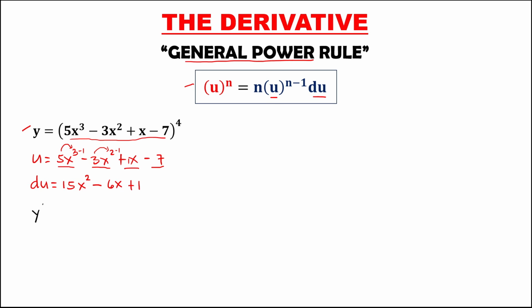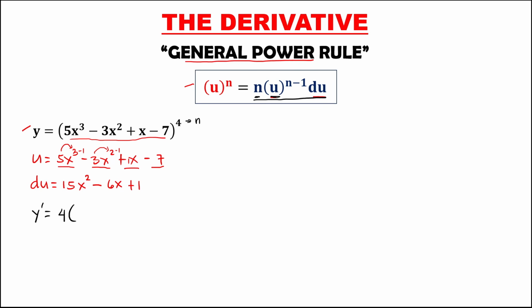Then to find the derivative, using this formula, where n is the exponent, so we have n, and this is equal to 4.